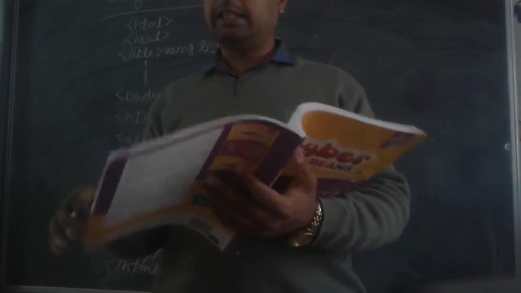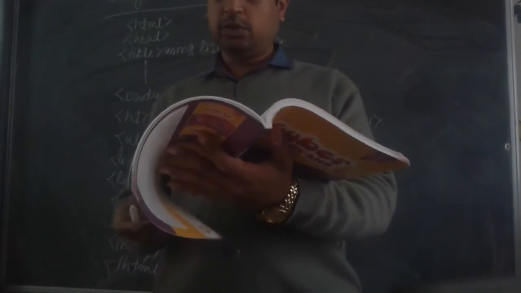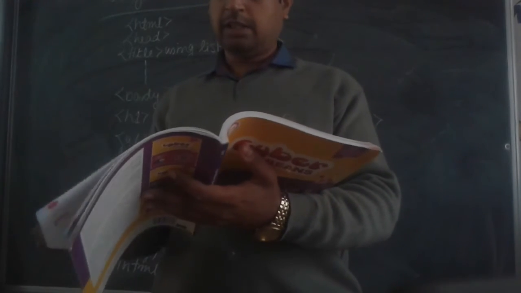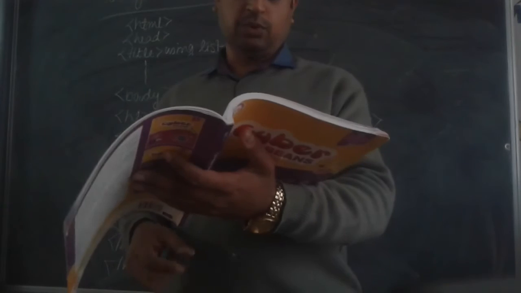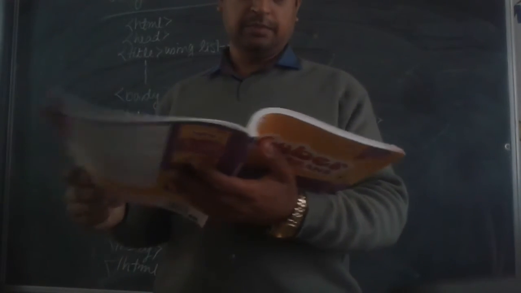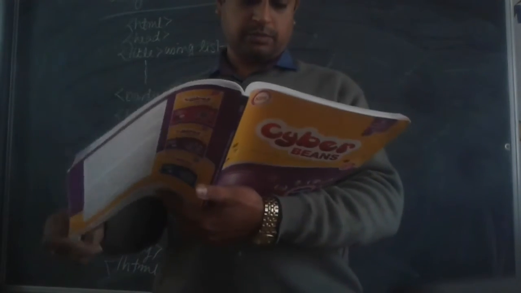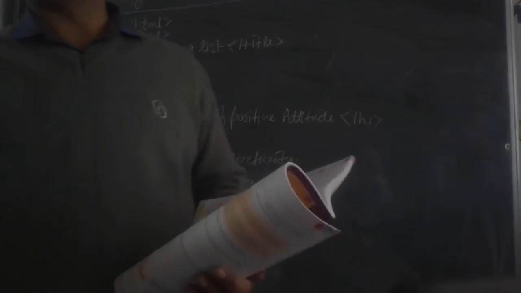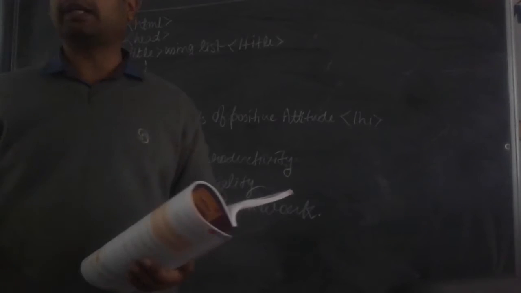Now, ordered and unordered list is very much clear to you. Now come today the new thing, description list. Ordered and unordered I have discussed with you. I have shown you the program also.